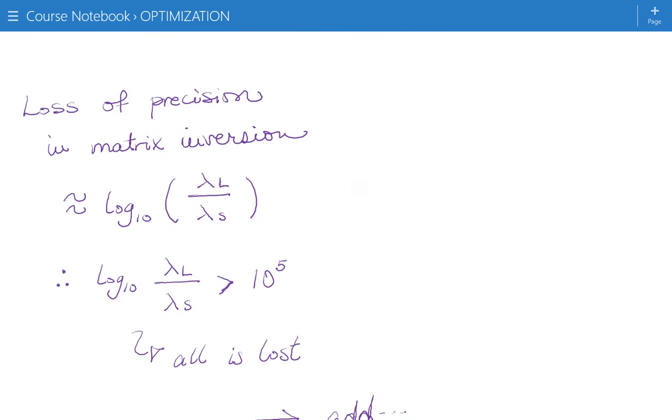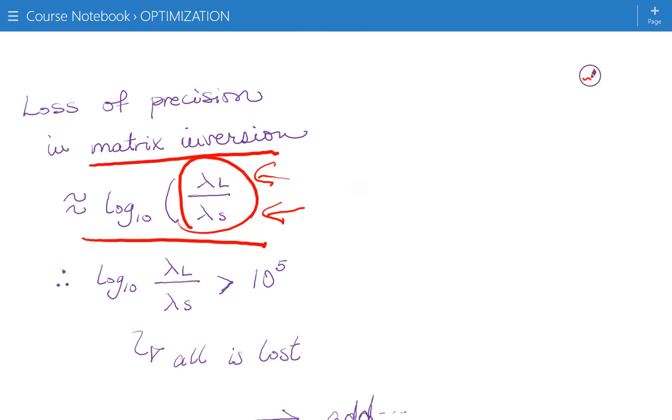The loss of precision in the operation of matrix inversion, and I mention this specifically because really what can dominate this in our optimization routines is inverting that matrix of second derivatives. The loss of precision is the log 10 of the ratio of the largest eigenvalue to the smallest eigenvalue.